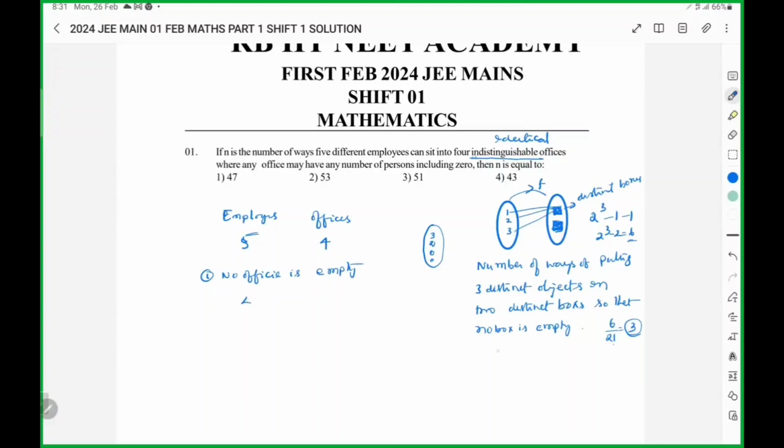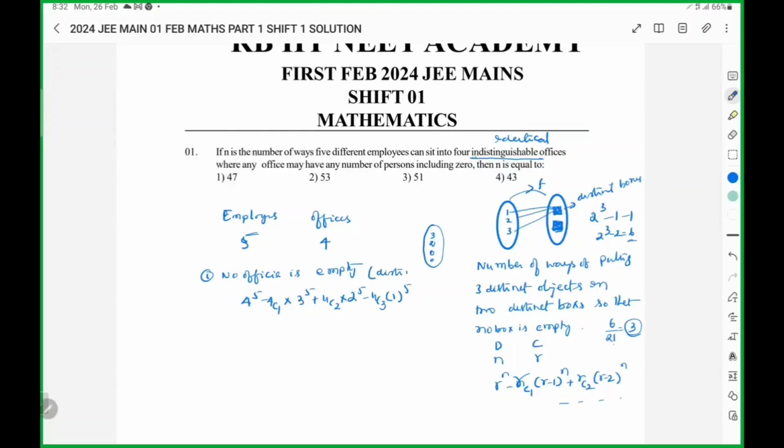To calculate onto functions, if your domain contains n elements and codomain r elements, it is r power n minus rC1 into (r minus 1) whole power n plus rC2 into (r minus 2) whole power n, alternately plus and minus. Here 4 power 5 minus 4C1 into 3 power 5 plus 4C2 into 2 power 5 minus 4C3 into 1 power 5, after that anyhow 0 you get.